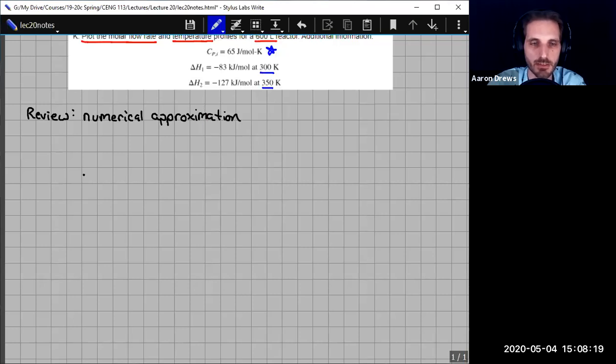So if we had a plot that looks like this, let's say that the real curve was the one in black. Our numerical approximation would subdivide this into a series of chunks like this, here, here, and here.